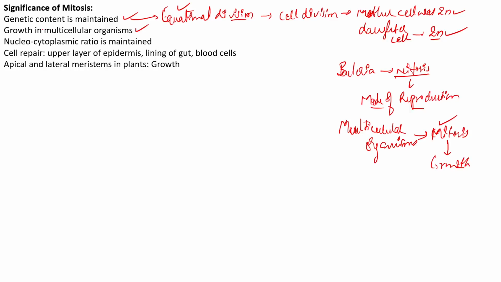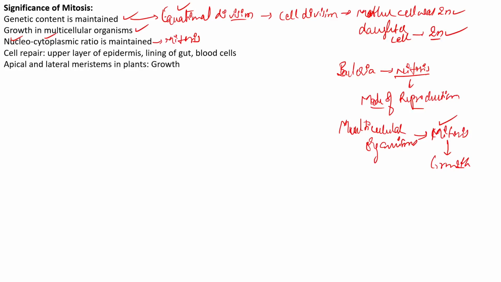And because of mitosis, there is a division of the nucleus, and also a division of the cytoplasm. In every cell there is a respective ratio of nucleus and cytoplasm, and this proper ratio between the cytoplasm and the nucleus is called the nucleocytoplasmic ratio. The maintenance of the nucleocytoplasmic ratio is achieved by mitosis.